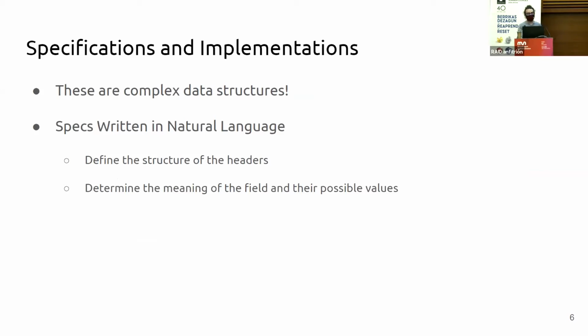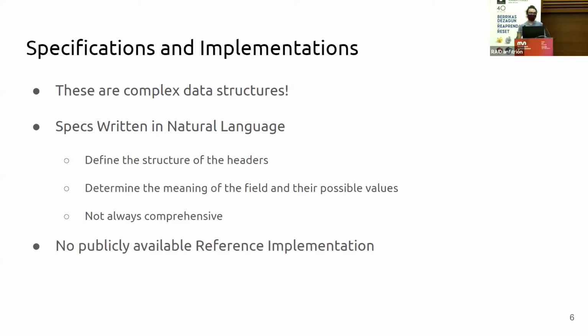Where the specification falls short, however, is that it is not comprehensive, in the sense that it does not specify correctly what is to be considered a valid PE file and what is not, at least not in all the possible combinations of values of fields. To complicate things even further, there is not really a publicly available reference implementation for how to parse the file format.